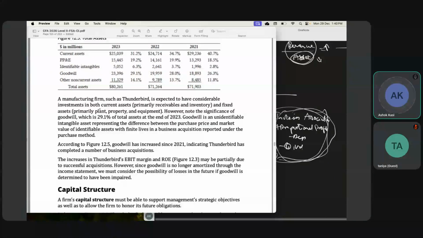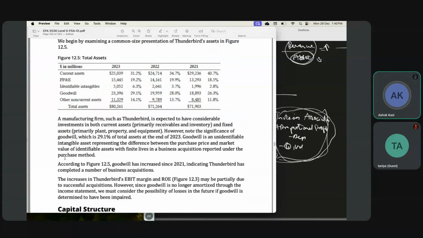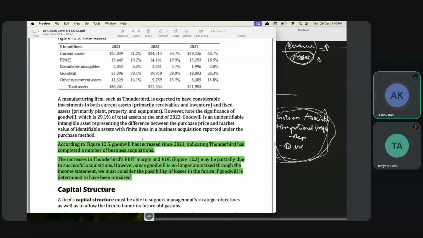So based on this, we can say goodwill has increased, indicating Thunderbird has completed a number of business acquisitions, right? So goodwill is increasing 26, 28, 29. That means they are acquiring businesses.